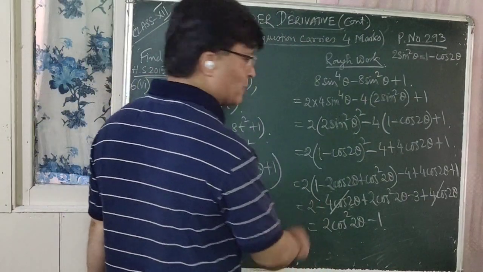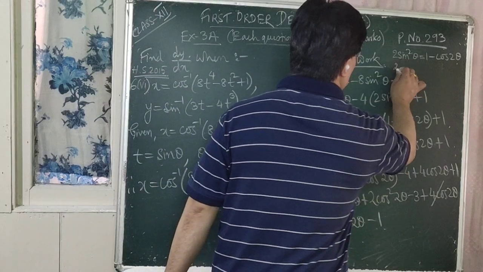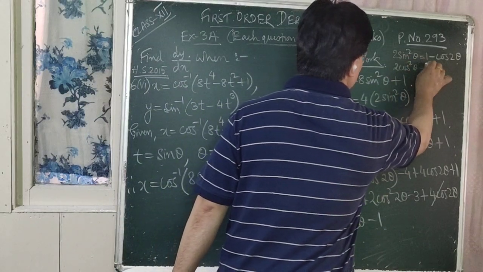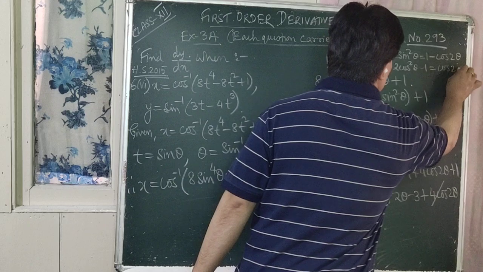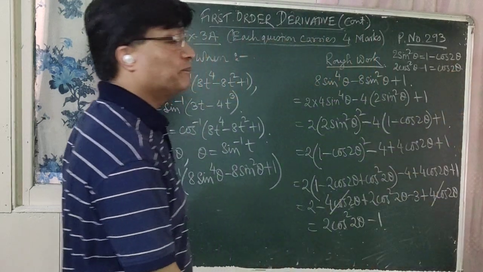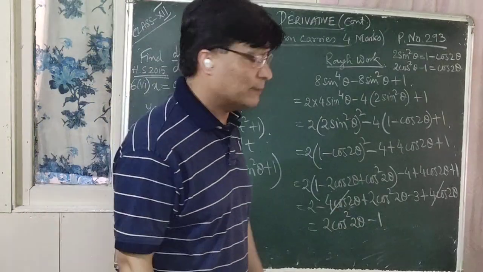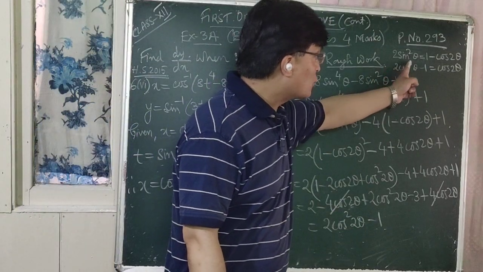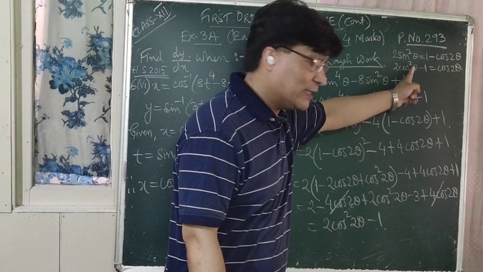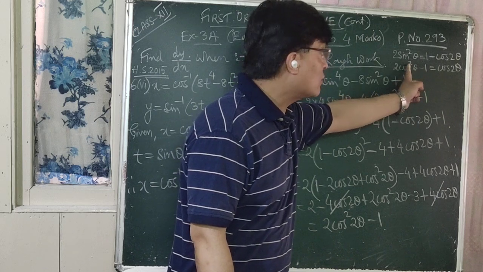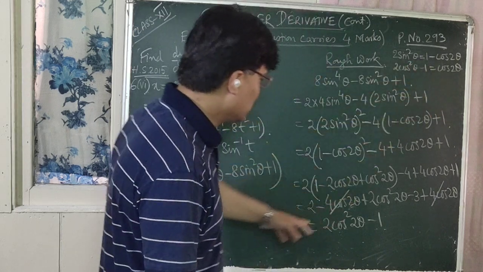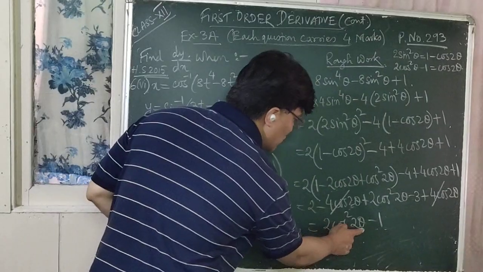Now again you should know this formula: if you have 2 cos square theta minus 1, then what is this formula? It is cos 2 theta, right? So 2 cos square theta minus 1 is equal to cos 2 theta. So if you have 2 cos square theta, only theta is there, then minus 1, then you can write cos twice theta. But here, instead of theta, what is here? 2 theta.